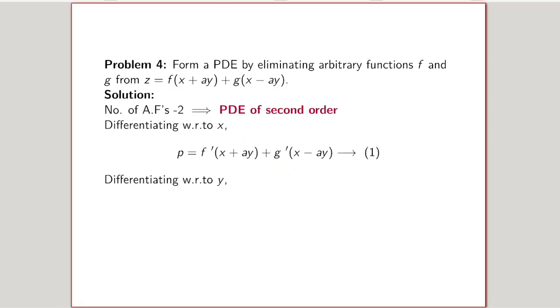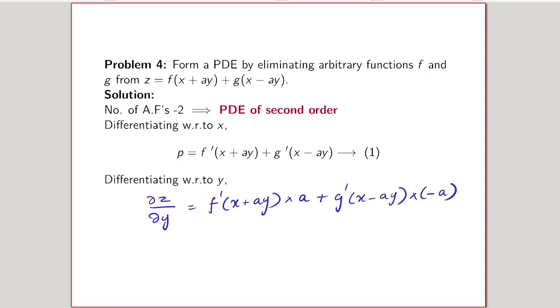And second equation we will obtain by differentiating the given relation with respect to y. So it is dou z divided by dou y equal to f dash of x plus ay. And if we differentiate the term x plus ay with respect to y, we will be getting a, plus g dash of x minus ay, and multiplying with the derivative of x minus ay we will get minus a.